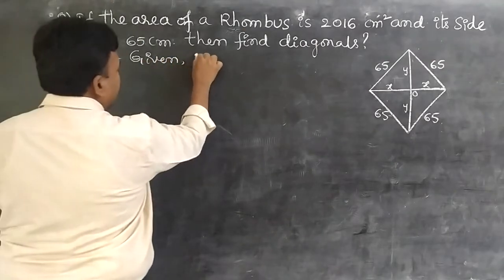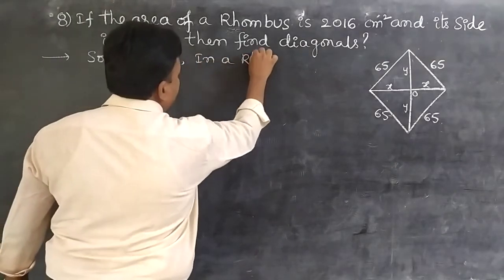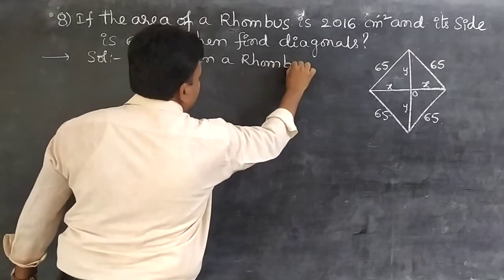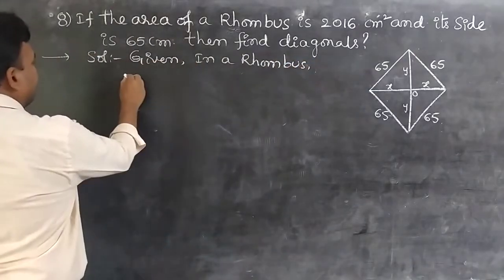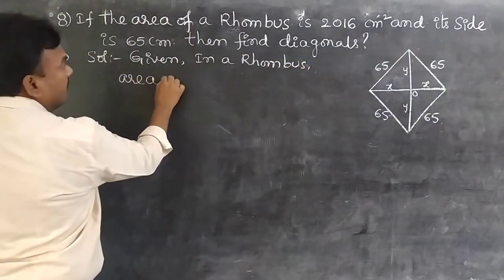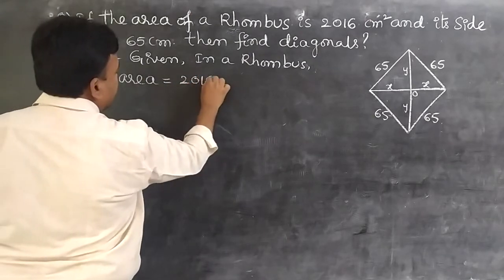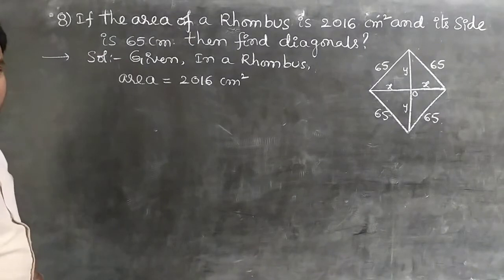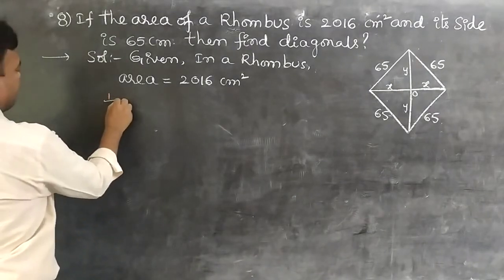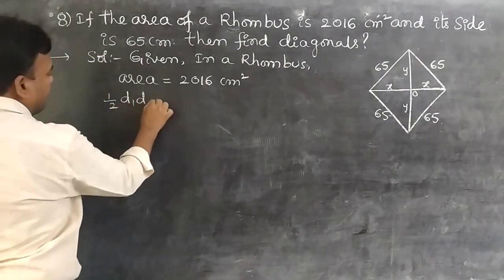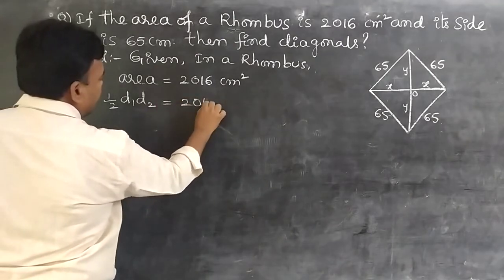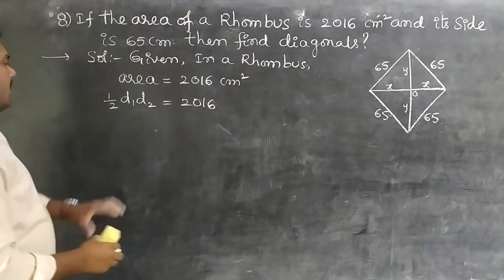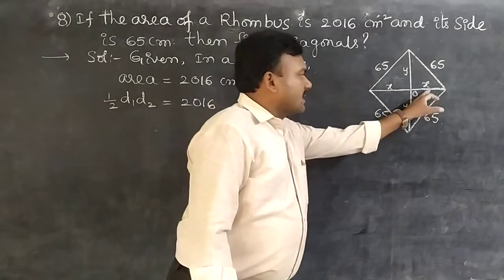In a rhombus, the area given is 2016 square centimeters. The area of a rhombus formula is 1 by 2 D1 D2. So 1 by 2 D1 D2 equals 2016, students. D1 equals x plus x, 2x.